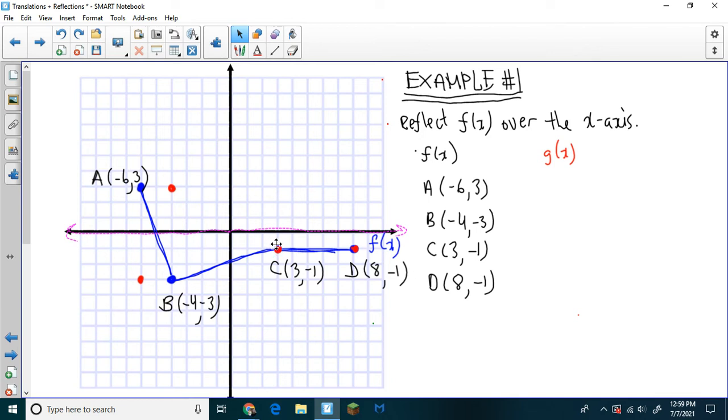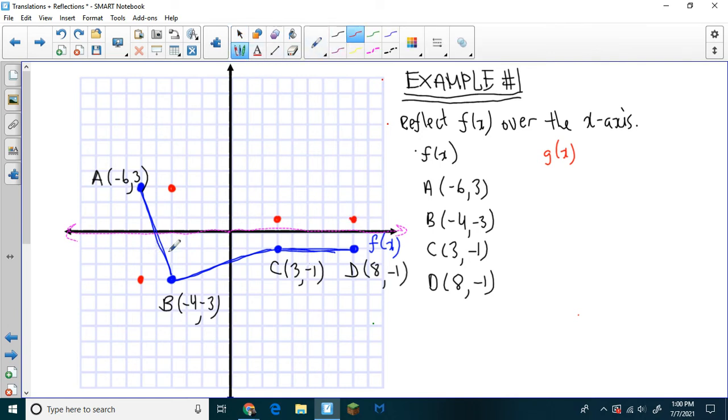This point here has a distance from the x-axis of 1, so it's going to flip 1 up here. And this point here is the same deal. The distance from this point to the x-axis is 1, so it's going to flip 1 away from the x-axis on the other side.